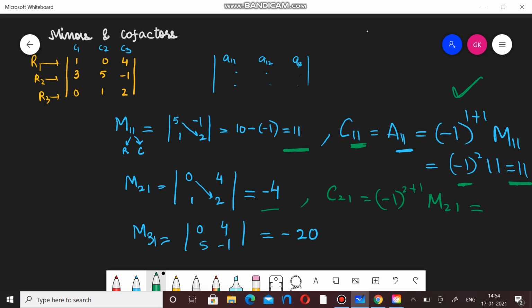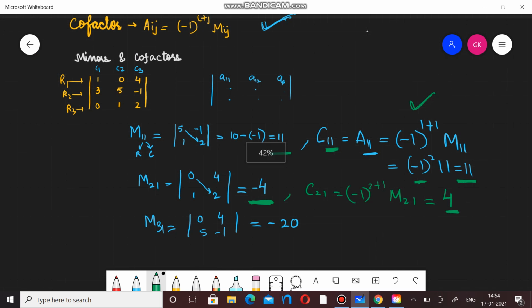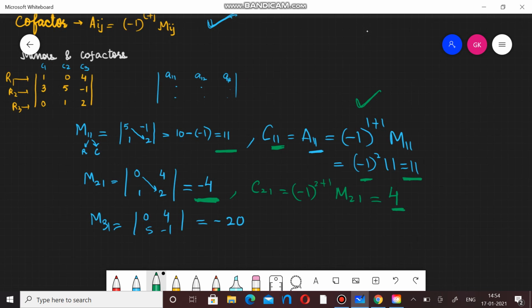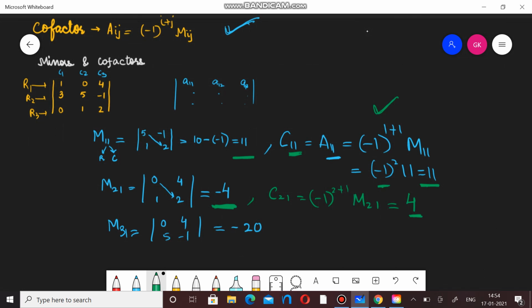So there is one more negative over here that is going to make it positive. So have a look again. Minor M21 was negative 4 and C21 is positive 4. So what have you understood? You have understood that there is one minor difference between the minor and cofactor, and that is of the sign, whether there will be an extra negative or not.